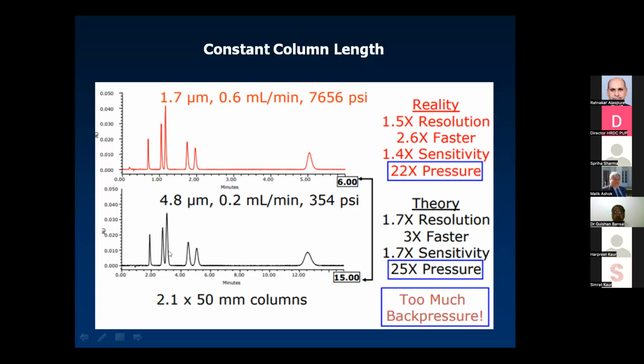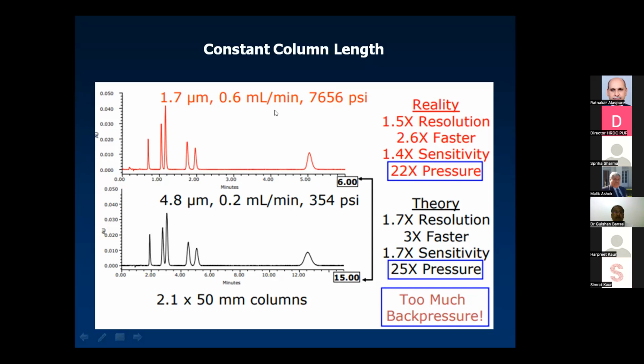See here the chromatogram, it has a runtime of 15 minutes. And when it is 1.7 micrometer, around a 3 times decrease in the particle size, you see the runtime is 6 minutes. So there is approximately a 2.5 times decrease in the runtime.